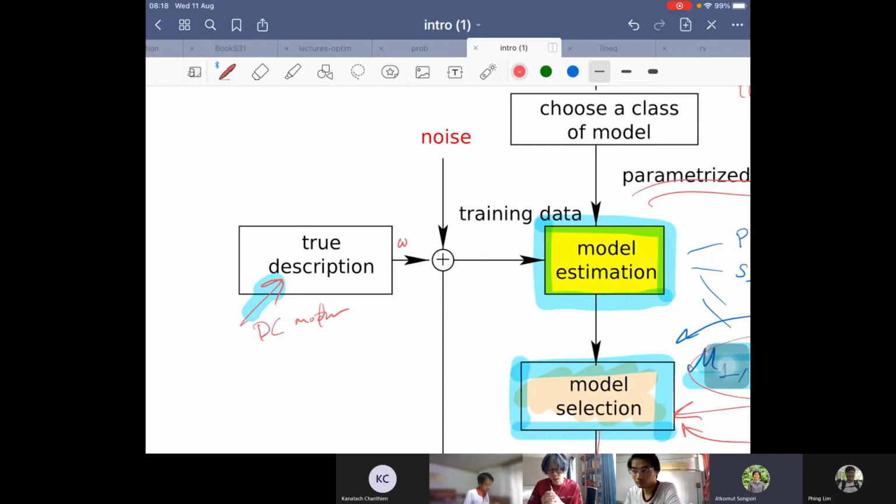But what we observe from the sensor, as we record the measurements, is not the actual value of motor velocity, because if you observe through equipment, for example a sensor, there's going to be some uncertainty or noise corrupting the output.